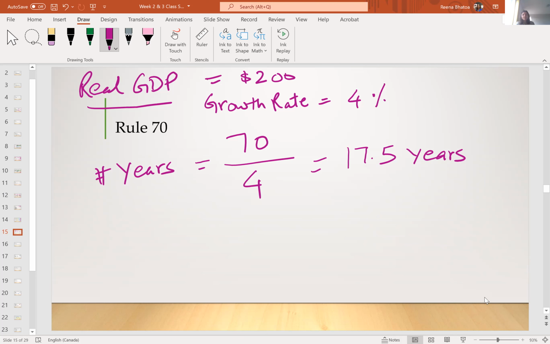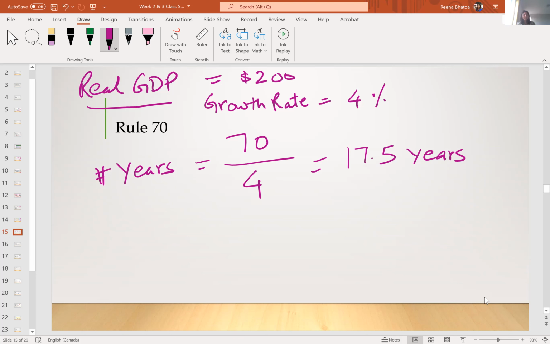Okay, scientists also use this. How long will it take for this bacteria to double? How long will it take for this growth to double, for this height to double, length to double, if the increasing rate is this? So yeah, this is rule of 70.